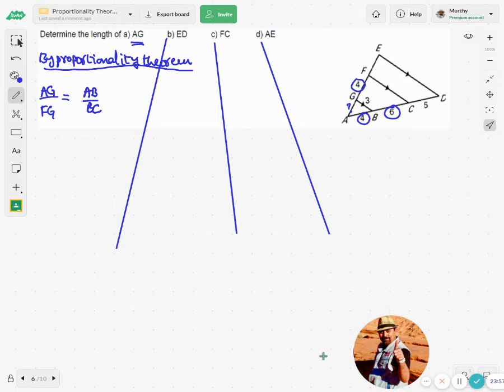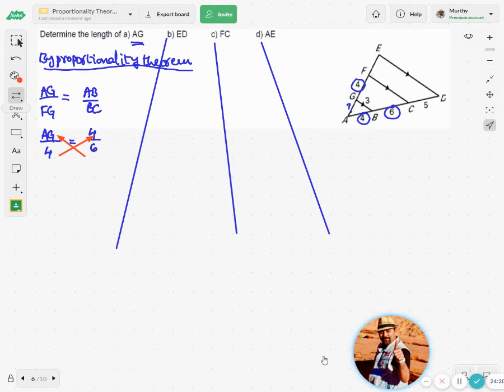AG I don't know. FG value is 4 units. Then AB is 4 units and BC is 6 units. At this point you know what to do. You have to go for the cross multiplication.